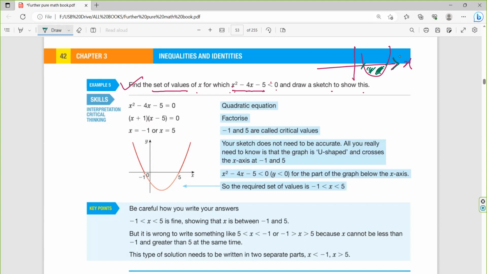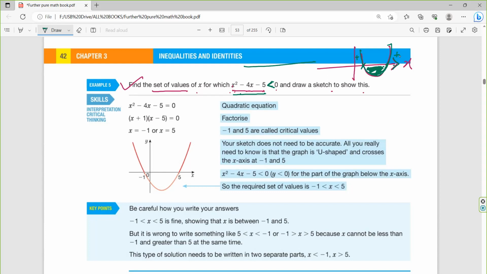We have to find the x values where the curve is under the x-axis. That means under the x-axis the curve is less than 0, that means negative. So if this part is under the x-axis, this part is less than 0, and this part is greater than 0.